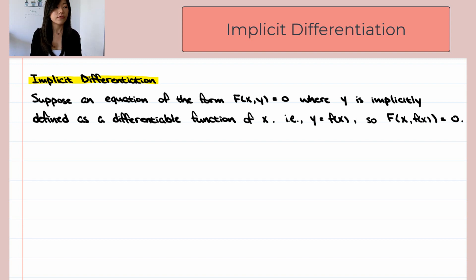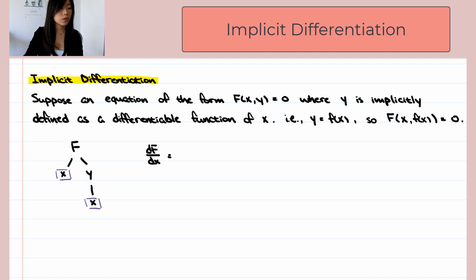Then, using what we just learned from the previous lecture, let's draw a tree diagram. We have the function f, which is a function of x and y, where y is implicitly defined as a function of x. So the derivative of f with respect to x, if we look at the end of this tree, we have an x here and an x here.